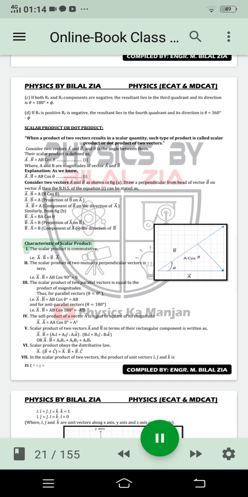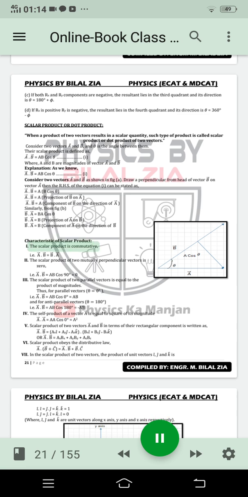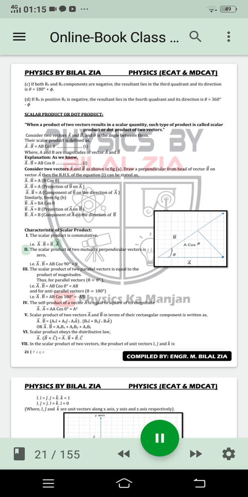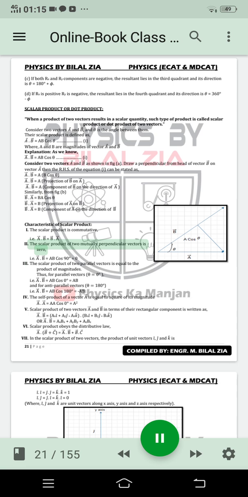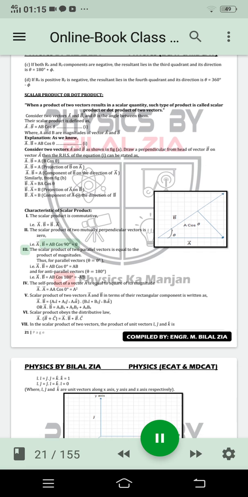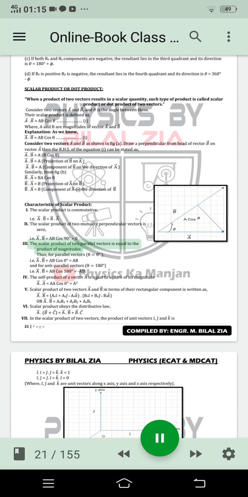Characteristics of scalar product. 1. The scalar product is commutative, i.e. A dot B equals B dot A. 2. The scalar product of two mutually perpendicular vectors is 0, i.e. A dot B equals AB cos 90 degrees equals 0. 3. The scalar product of two parallel vectors is equal to the product of magnitudes.